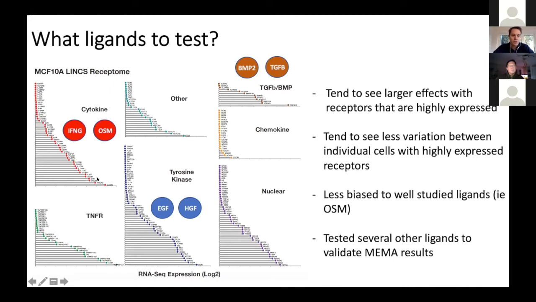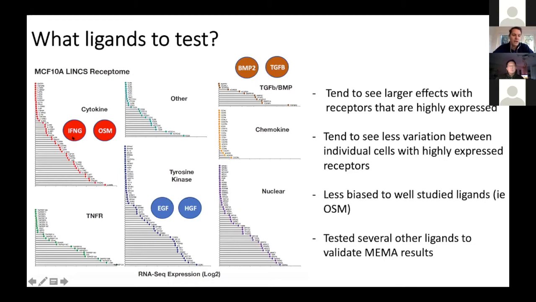So in general, what we tried to do then is we looked at the receptor list, tried to pick receptors which have soluble ligands we can go about adding to the cells, and then we chose to pick two different ligands representing the cytokine, the tyrosine kinase, and the TGF-beta BMP2, with the idea that these are going to activate similar but slightly different downstream signaling pathways between the two paired ligands.